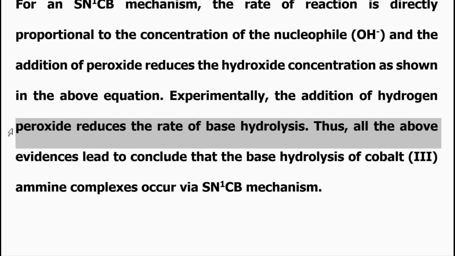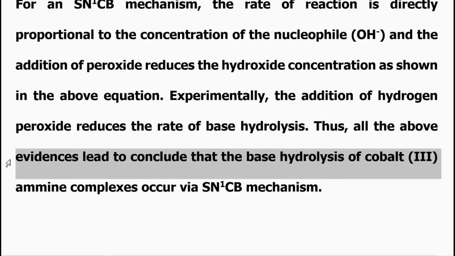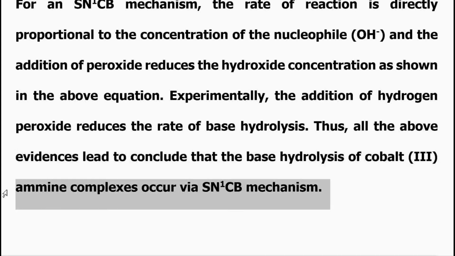Now, what does this mean? It means that the rate depends on the concentration of the nucleophile, that is OH minus. So, thus, all the above evidences lead us to conclude that the base hydrolysis of cobalt-3 amide complexes occurs via the SN1CB mechanism.